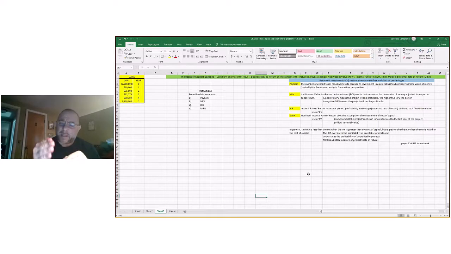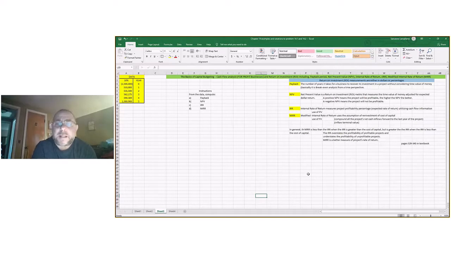Now we're going to look at cash flows in subsequent periods and try to determine things like payback, net present value, internal rate of return, and modified internal rate of return. That's what I want you to be able to do in this chapter. You're not responsible for anything else in the chapter, just the stuff that we're going to cover here today. Okay? So over to the right of the screen, I have a little definition for each item.